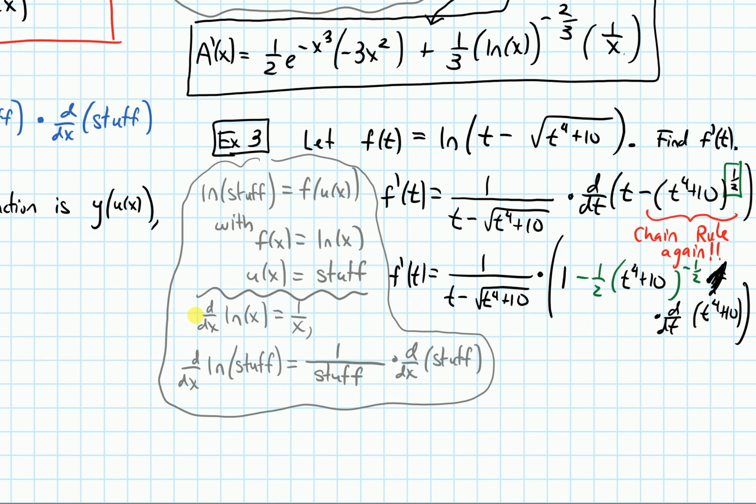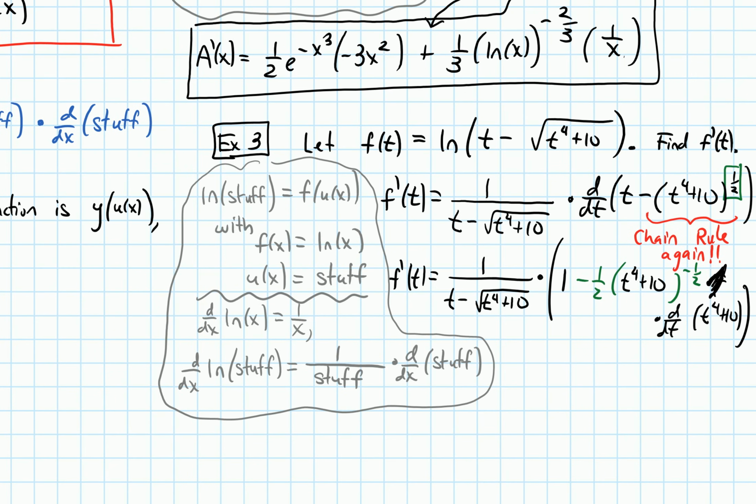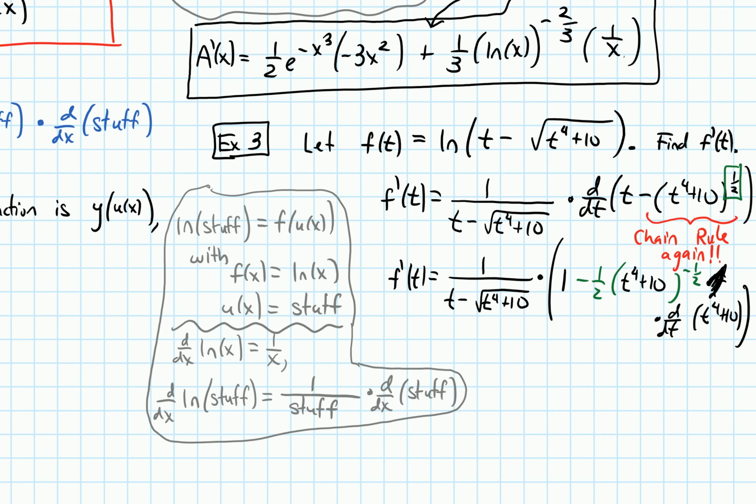Okay, so we're getting there. One more derivative to do now. Okay, so let's write up our derivative now. So f prime of t equals, the beginning part stays the same, 1 over t minus the square root of t to the 4th plus 10 times, and then we have 1 minus 1/2 times t to the 4th plus 10 to the negative 1/2.